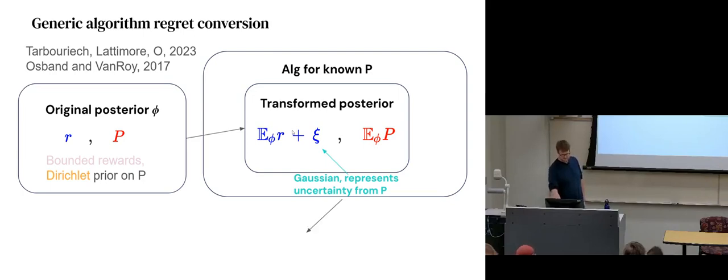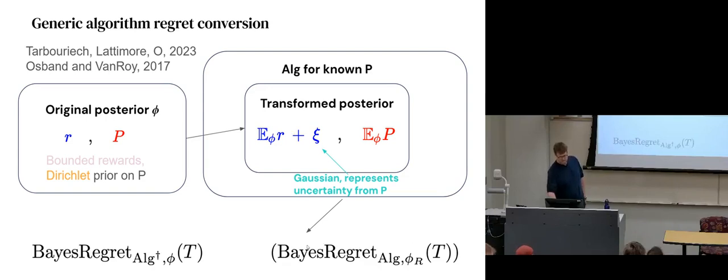That'll get some regret bound in the known P case. What you care about is the regret bound in the original case. It turns out it just inflates the regret bound by a factor of L. So it's generic for any algorithm that works and gets a Bayesian regret. Again, save your anger for the Bayesian regret stuff.